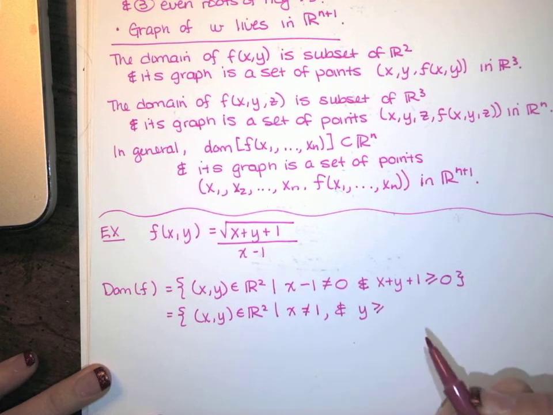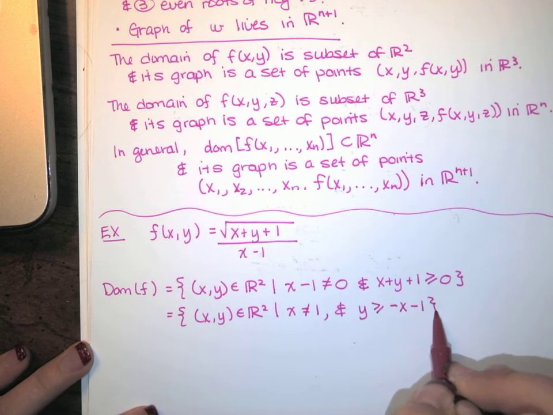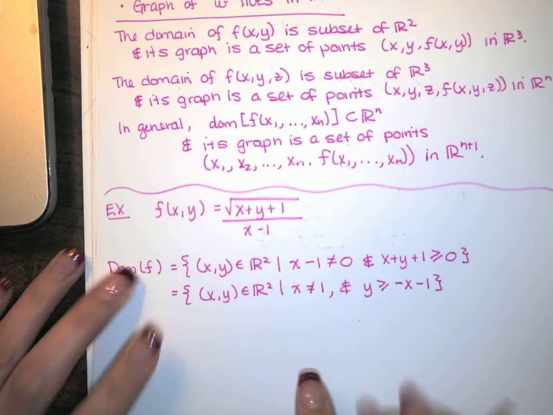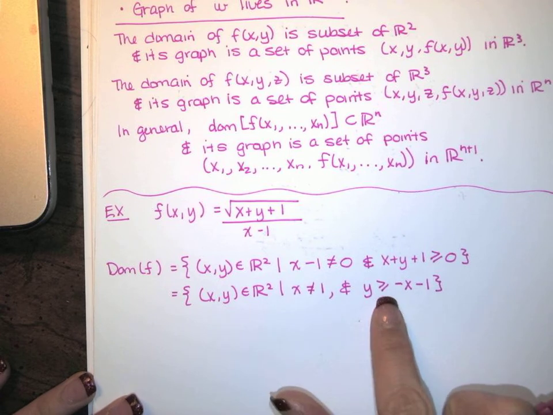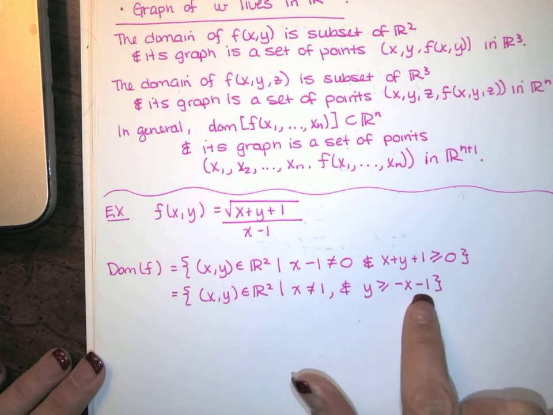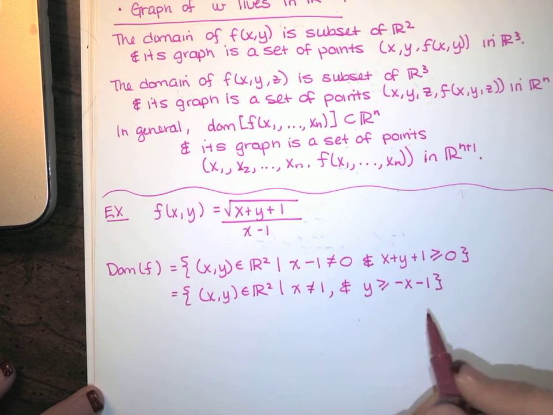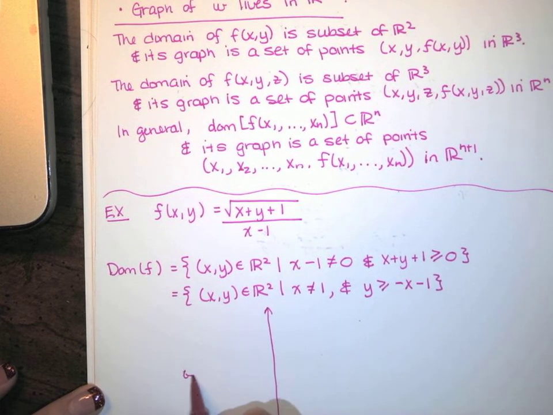So I'll have y is greater than or equal to negative x minus 1. All right, so our domain is the set of all x, y pairs such that x is not equal to 1 and y is greater than or equal to negative x minus 1. So this is a region in the xy plane.